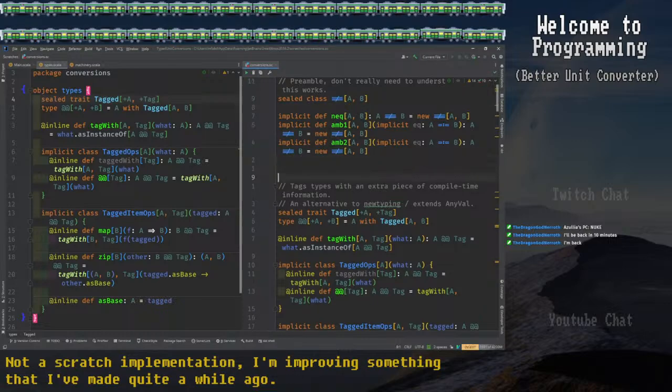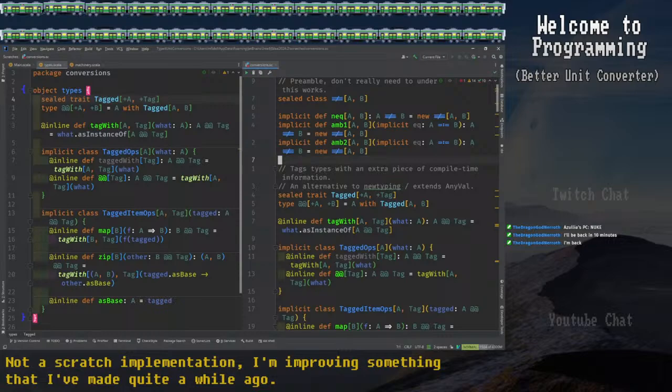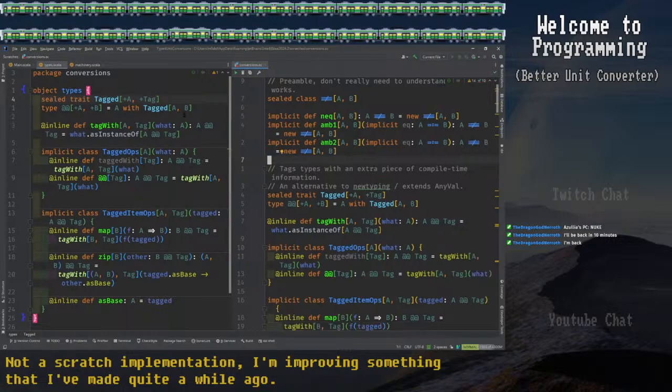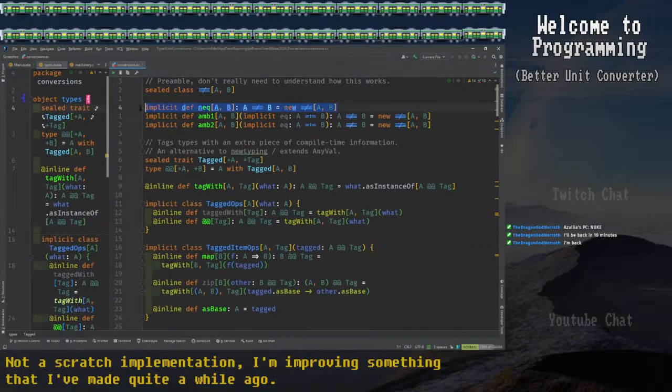So if I try and summon an instance of int does not equal float, this works, right? But if I do int is not equal to int, it won't let me. And the way this works is we define an instance. Well, we say for every pair of types, we want to define it.